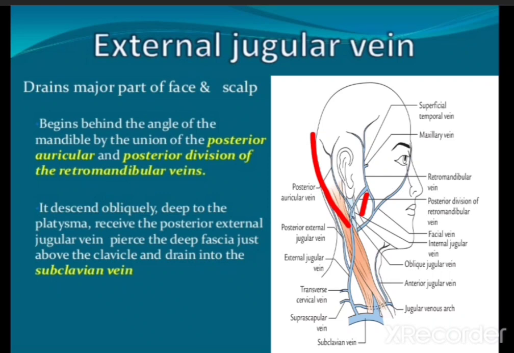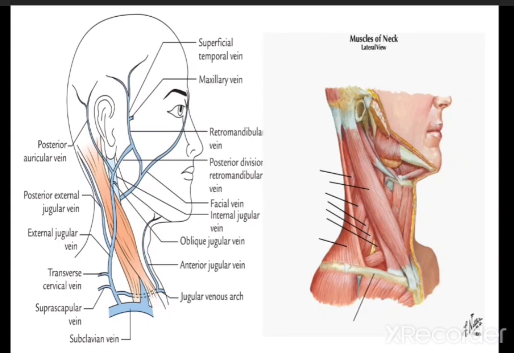These both join and form the external jugular vein. It descends obliquely deep to the platysma and receives the posterior external jugular vein, which pierces the deep fascia just above the clavicle and drains into the subclavian vein. So here we can see the external jugular vein, which is running on the anterior surface of the sternocleidomastoid.